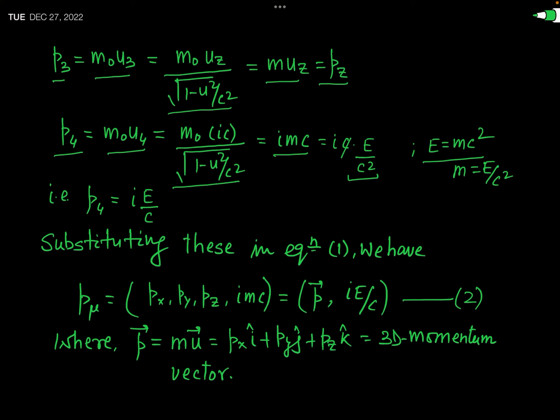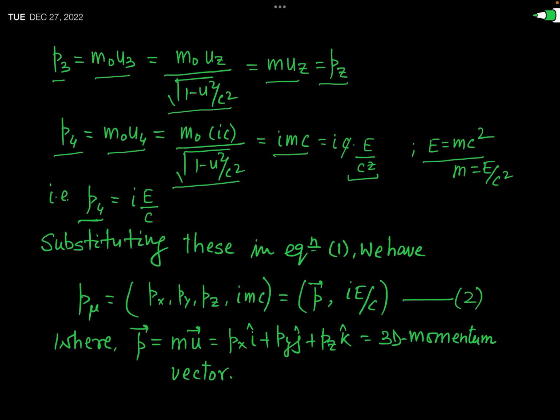Now one c will cancel out, and p4 is equal to iE divided by c. Now you can see that we have expressed the fourth component of the momentum four vector in terms of energy, and that's why this momentum four vector is also called the energy momentum four vector. This is the reason why it is called the energy momentum four vector, because its fourth component is expressed in terms of energy.